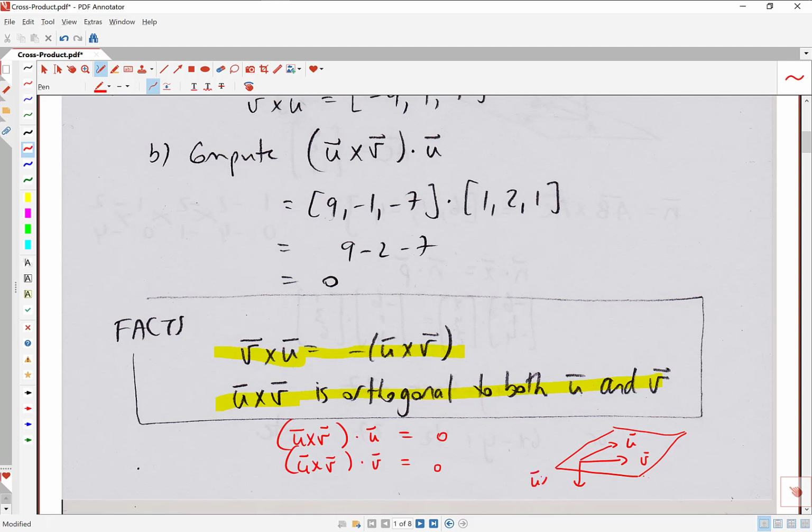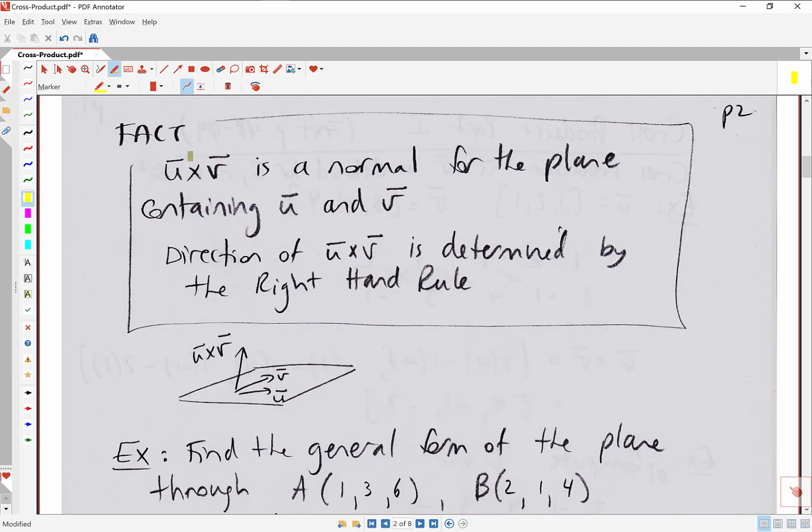So for now, we'll just draw the picture like this, and we'll say U cross V is pointing down like that, perpendicular to both of these two vectors here. So just to rephrase our previous geometry fact, we could say the cross product U cross V is a normal for the plane containing U and V.